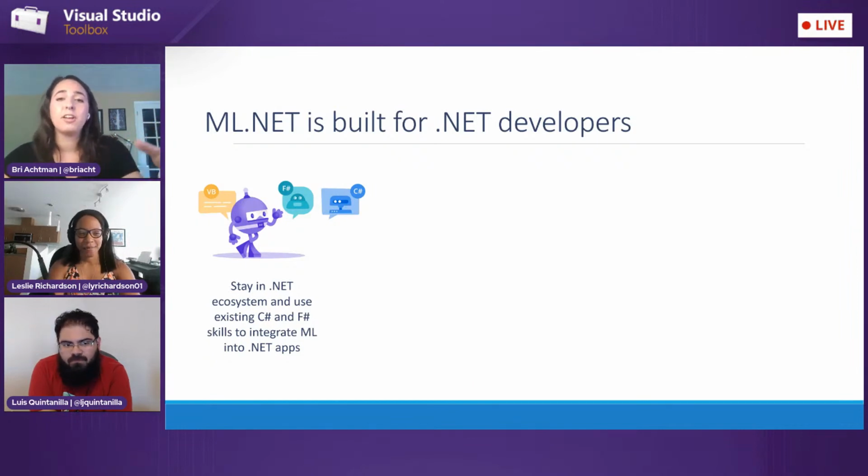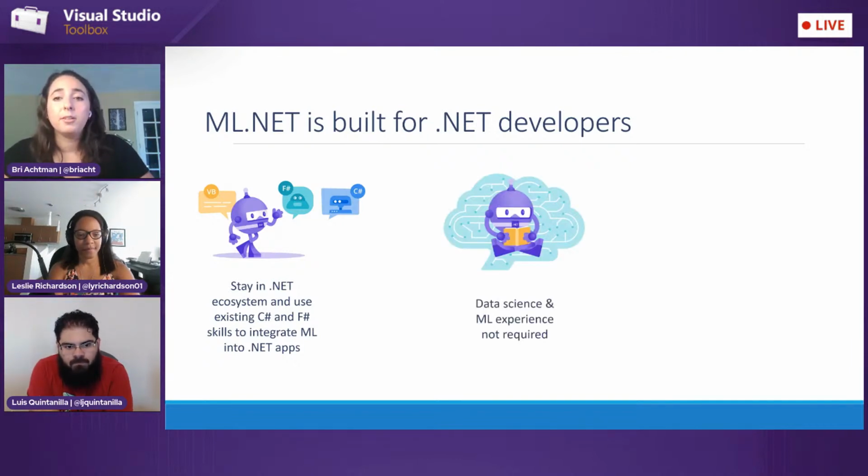ML.NET, like I said, is built for .NET. So it allows developers or data scientists or hobbyists or students or whatever that want to stay in the .NET ecosystem to use their existing skills to integrate machine learning into their applications. It also doesn't require data science or machine learning experience based on the tools and features that we have, which after the next slide, we'll get into Visual Studio and show how you can do this.